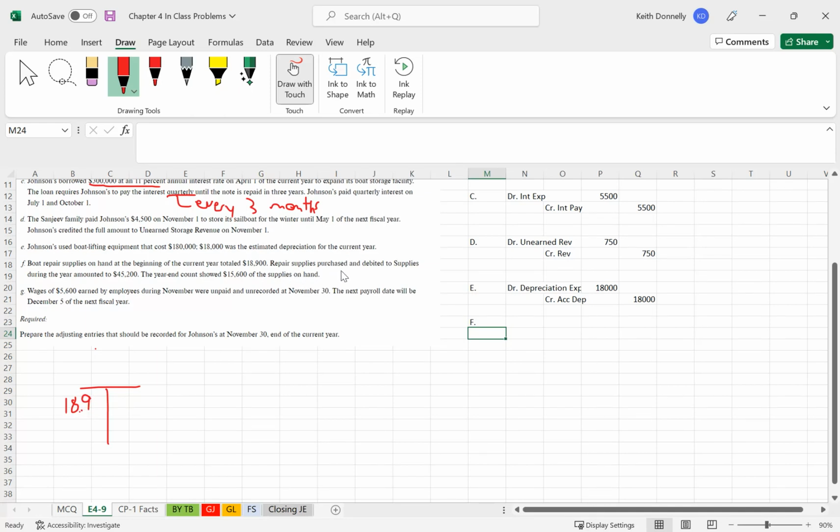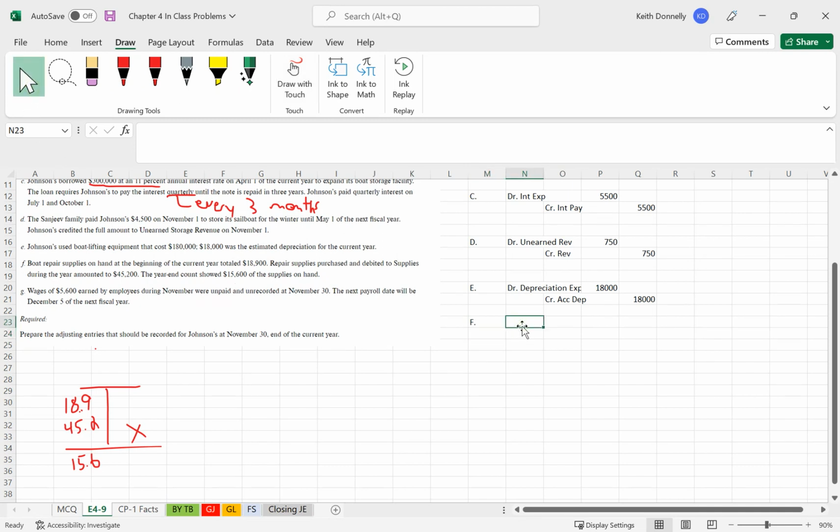We purchased 45.2. Started with 18.9, bought that. At the end of the year, we had 15.6. So they want to know how many we used in this case.